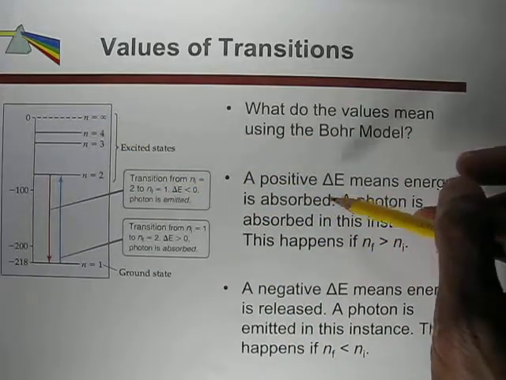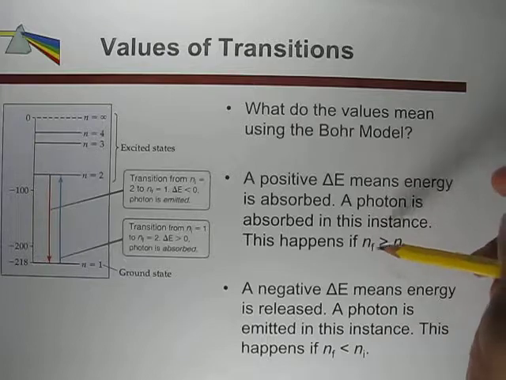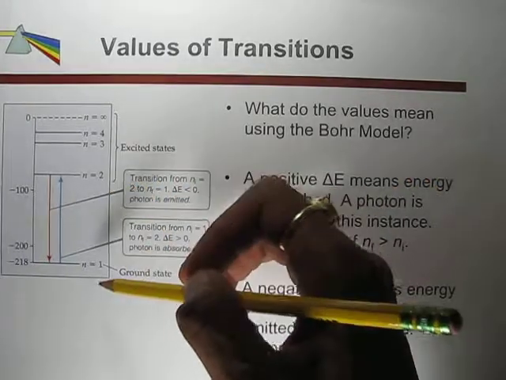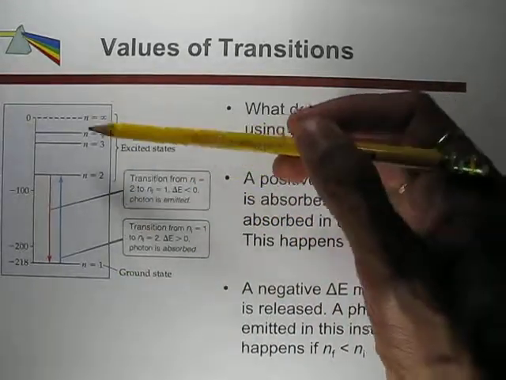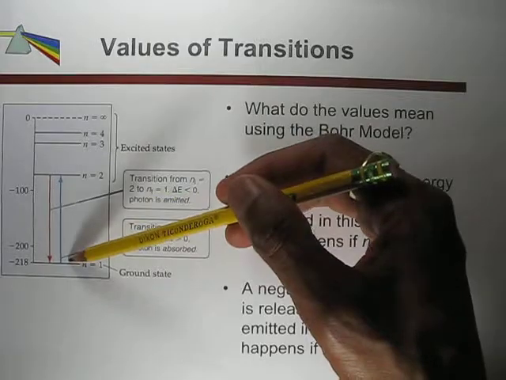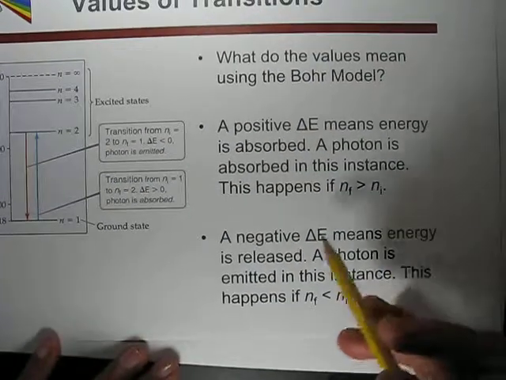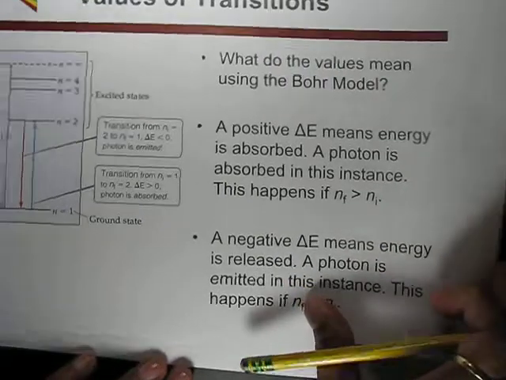And how do we find it? Delta E will be the energy of the final state minus the energy of the lower state. And when the electron comes from the excited state to the ground level, it releases energy, so delta E will be negative in this case.